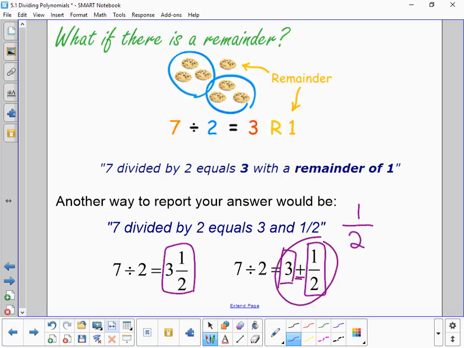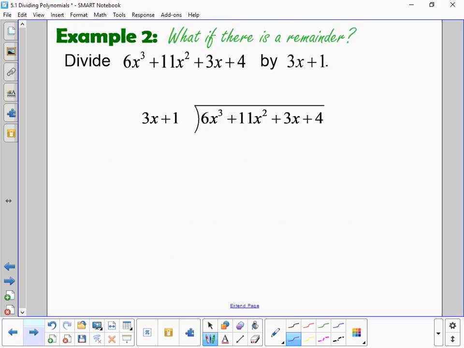This is how we'll report our answer with polynomials. Very similar to that. So let's see how it works. So I want to divide 6x to the third plus 11x squared plus 3x plus 4 by the factor 3x plus 1. So it's set up for us here. We start by just looking at that beginning part. What can I multiply that 3x by to get 6x to the third?